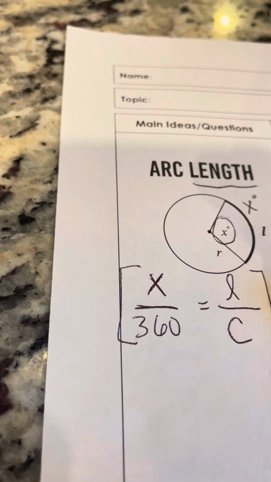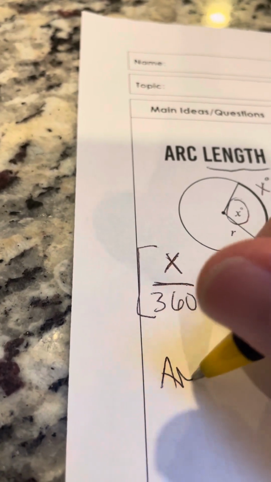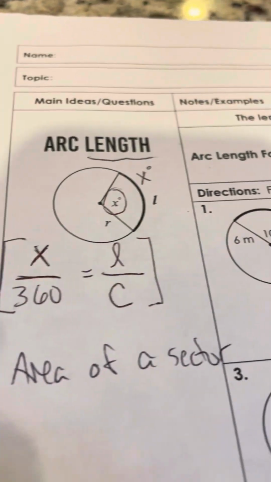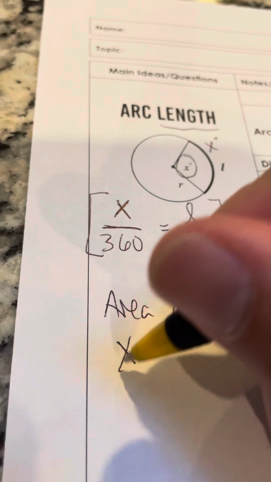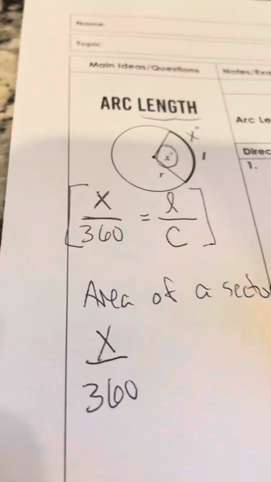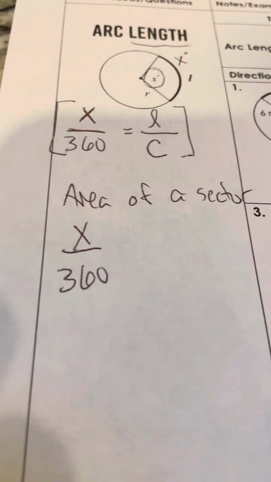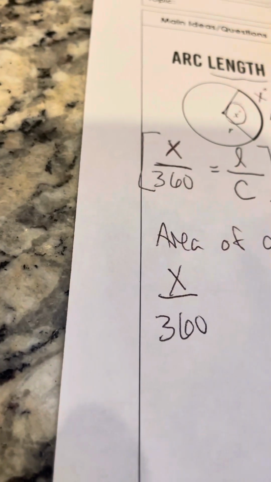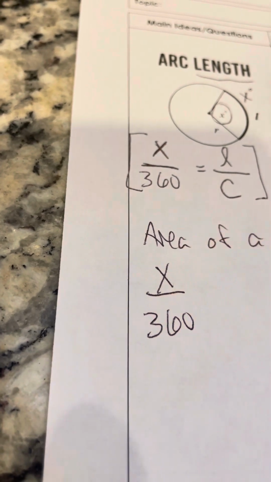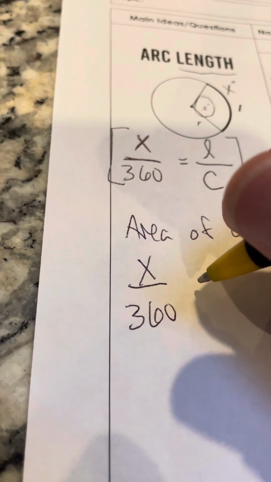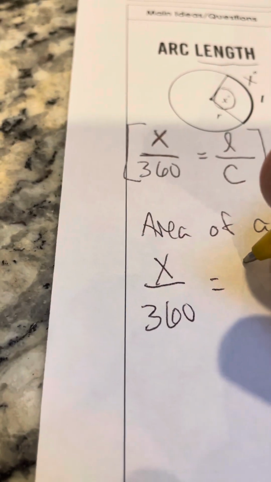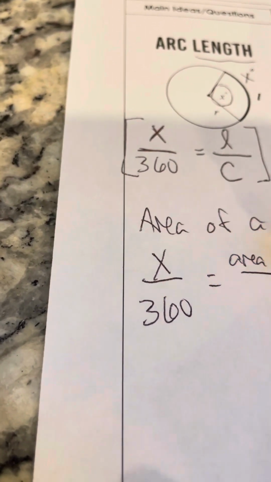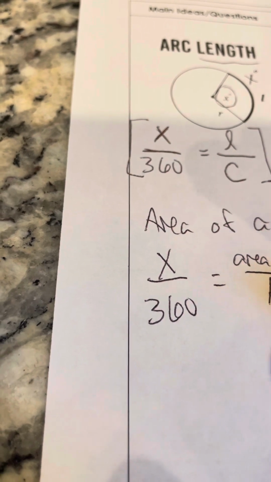For both of these, for arc length and area of a sector, your first ratio is x over 360. It's always the central angle over 360. Okay? So for area of a sector, we have x over 360 is going to be equal to the area of a sector over the full area.